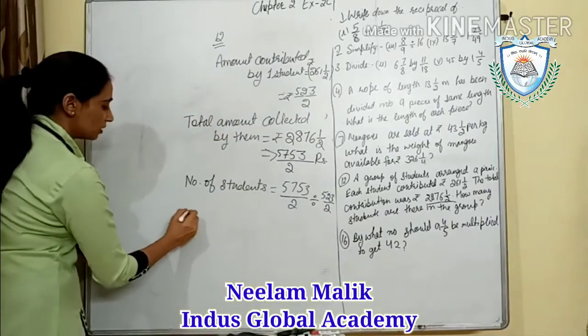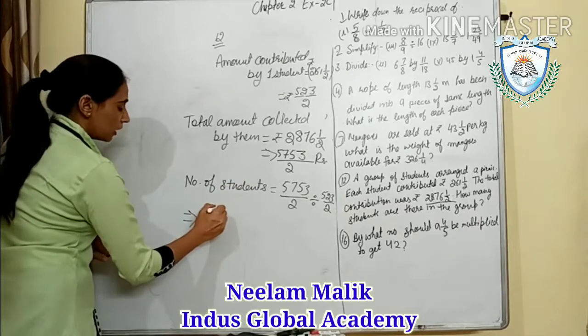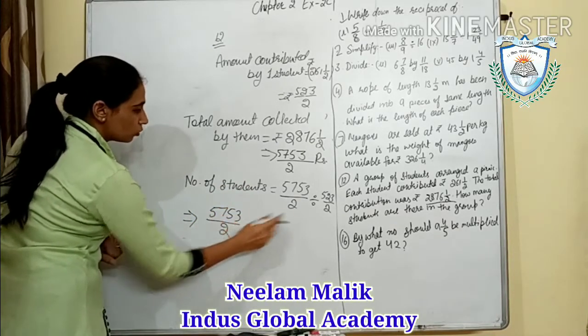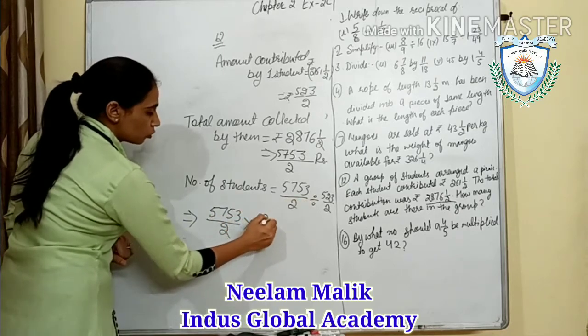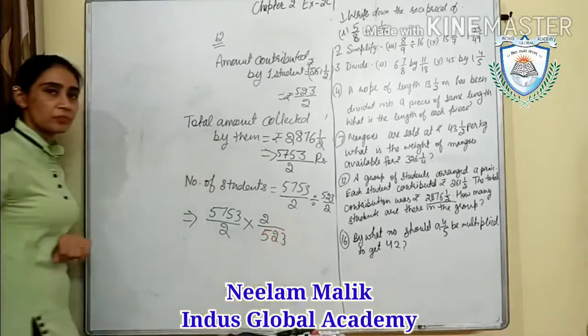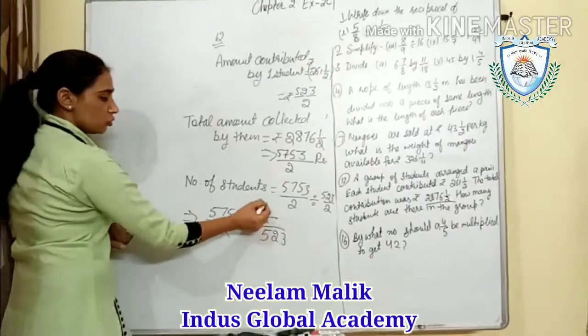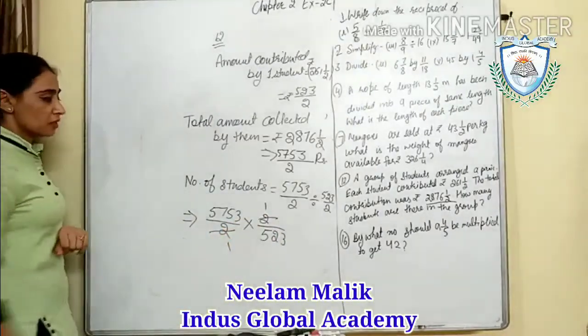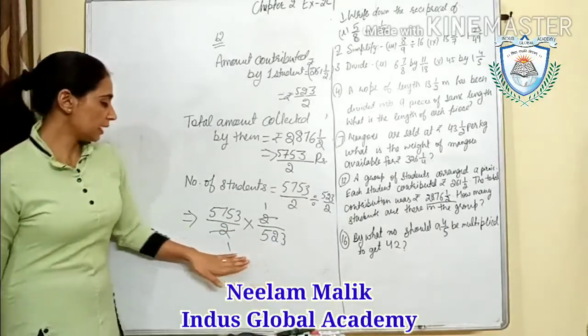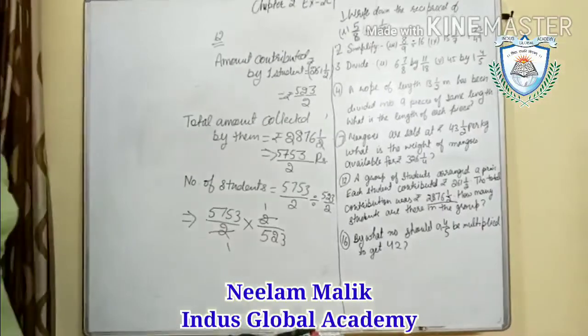So now I am writing this here clearly. 5753 divided by 2, multiply 2 upon 523. Now cut this 2 at the vanja. Now look at here. This is 523 and this is 5.